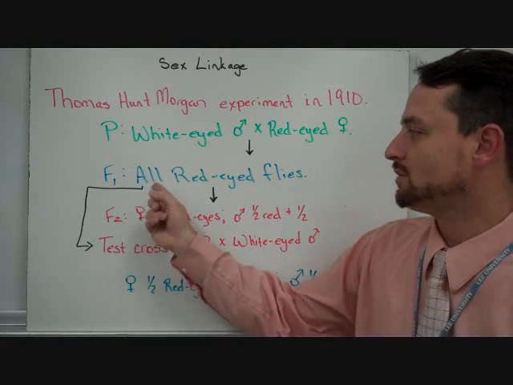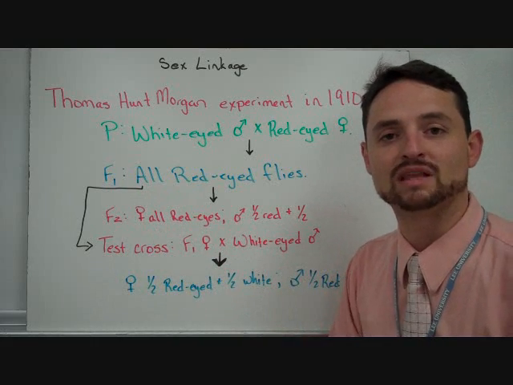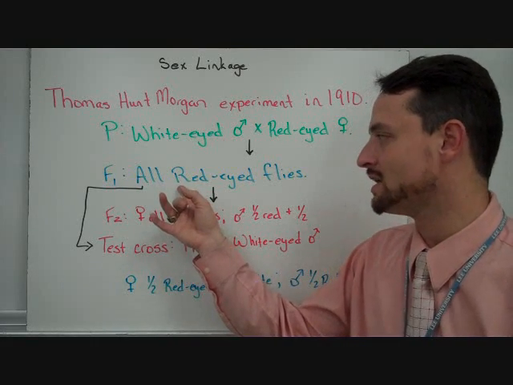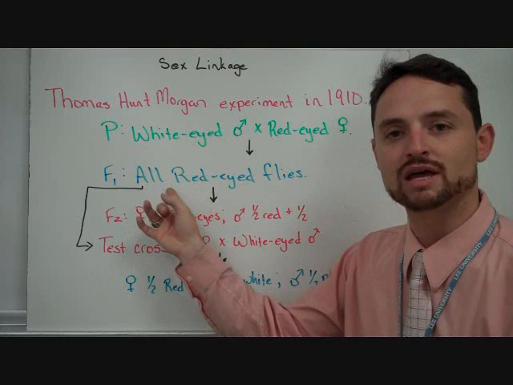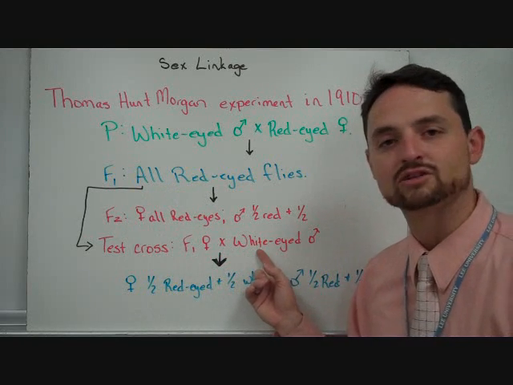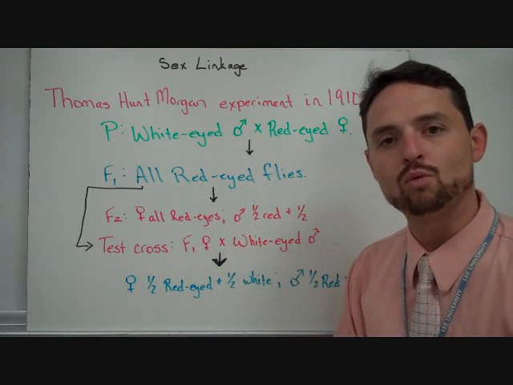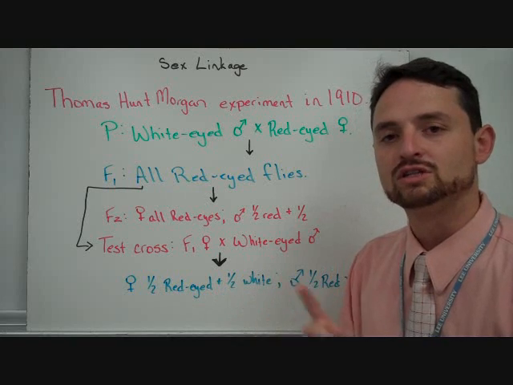Then he took one of the F1s and did a test cross with them. Remember, we've talked about this: a test cross is taking a dominant genotype and crossing it with the homozygous recessive. He was assuming, because white eye disappeared here, that white must be recessive to red.